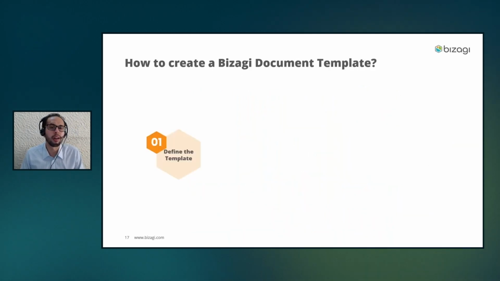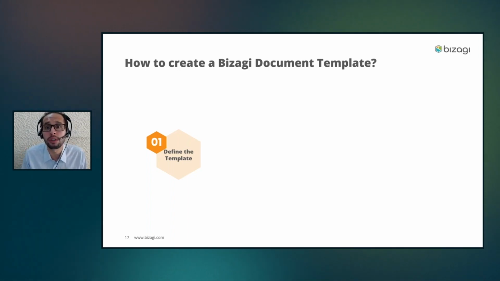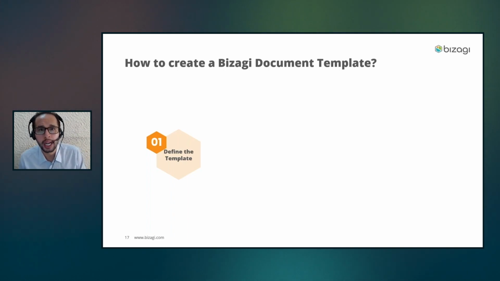The way we can use Bizagi document templates is by following some simple steps. The first one is to define the template. What information do you want to include on your template? It could be information from an employee, from an invoice, an evaluation of objectives, or a purchase order.